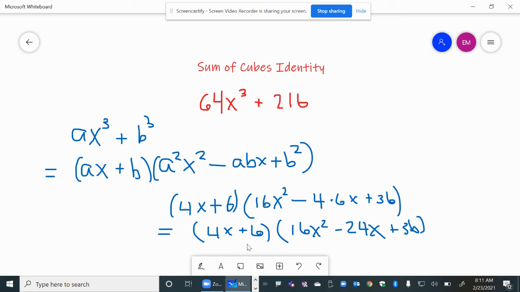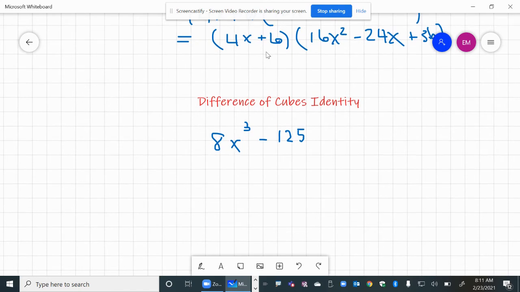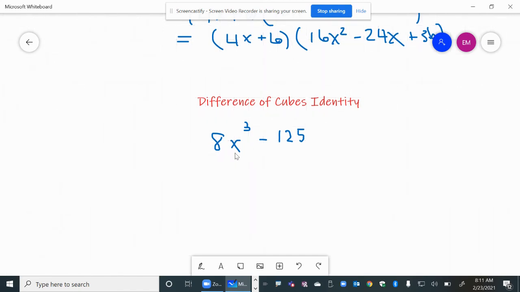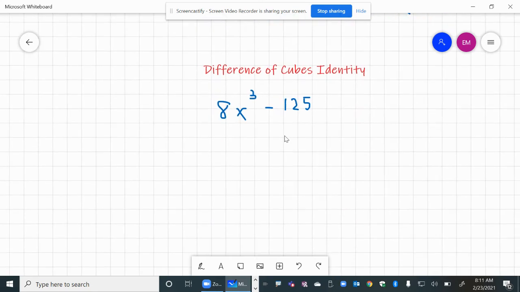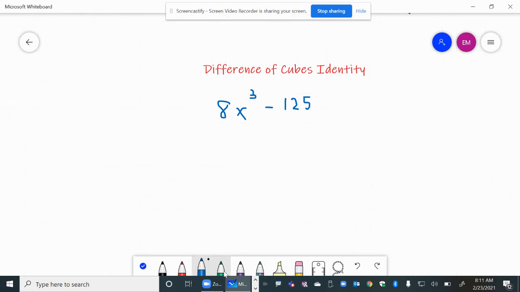The difference of cubes is not much different. Once again, I have 8 here, which is the cube of 2, and 125, which is the cube of 5, and I'm going to be subtracting it this time. The identity looks almost the same as the sum of cubes.